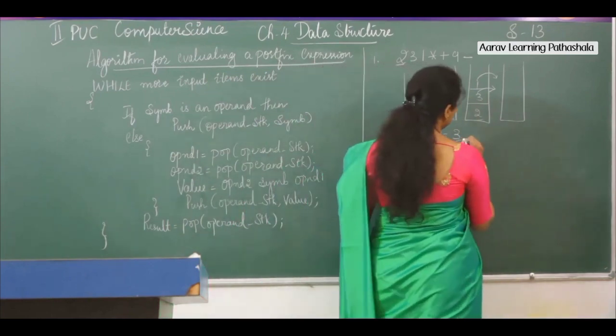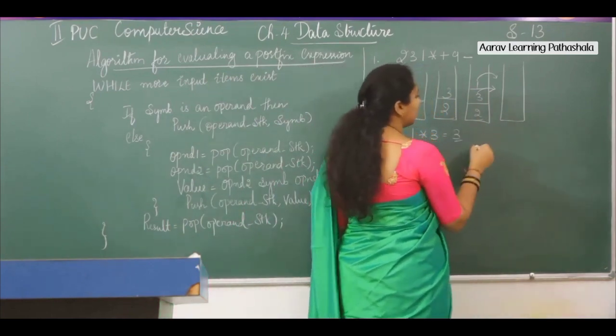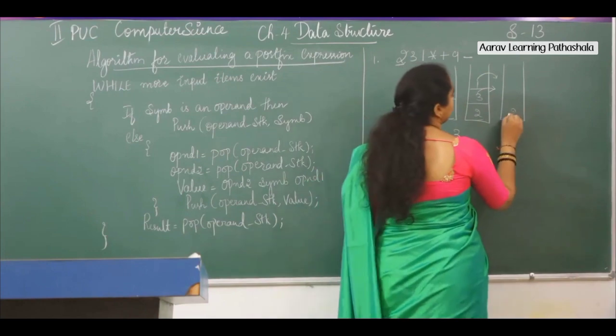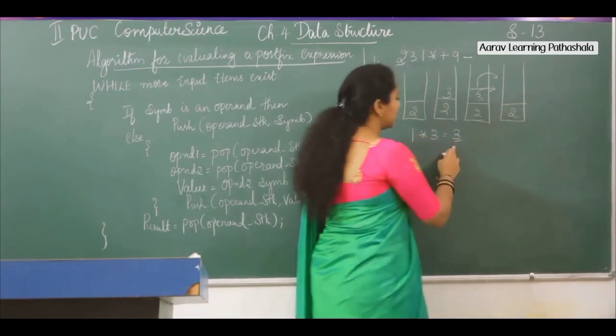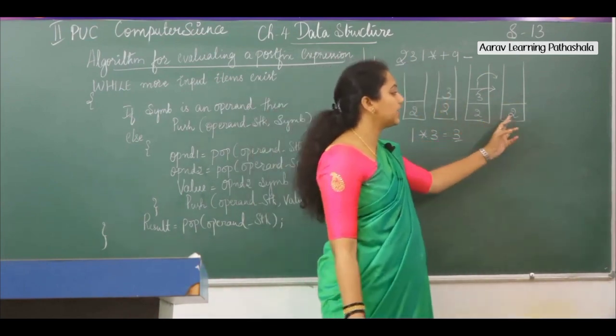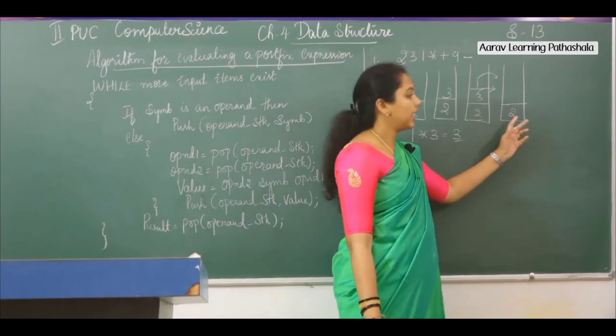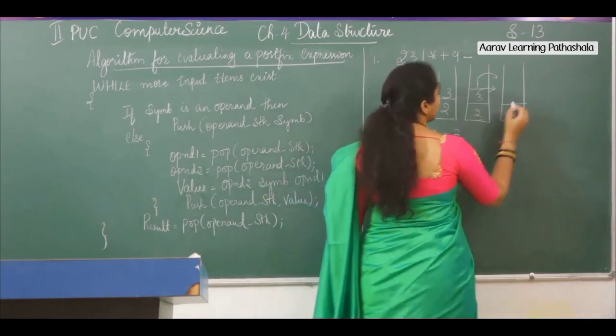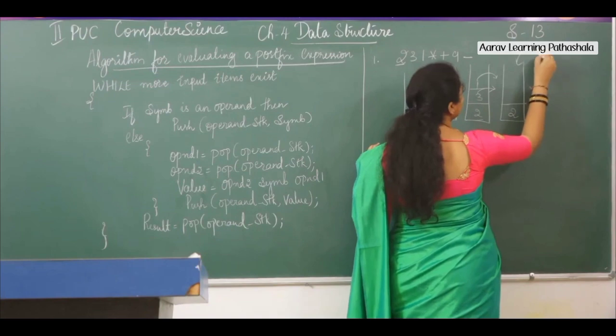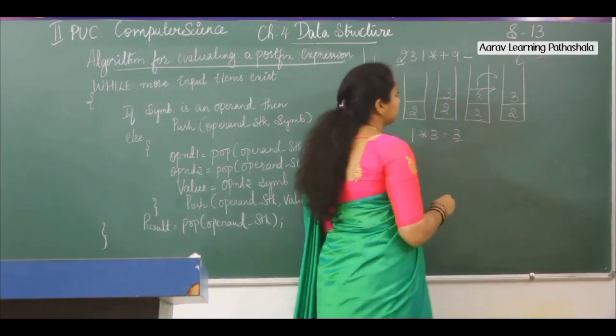So 3 is the result. So I am going to push this 3 into the stack. Before pushing this result, the stack contains only 2 as its element. So I am pushing this result 3 into the stack.